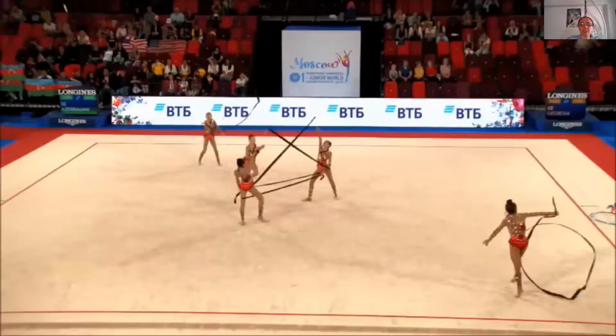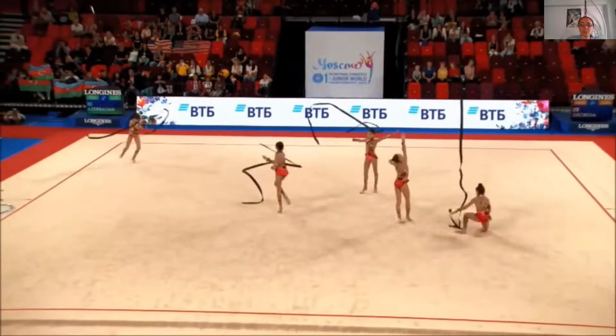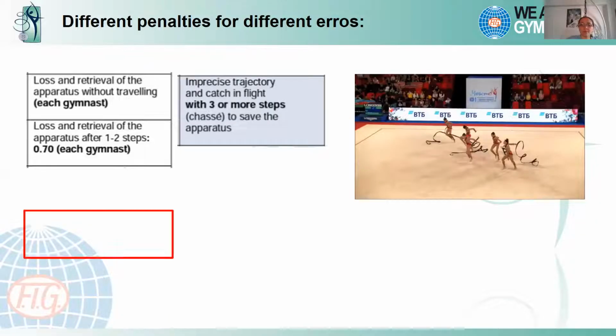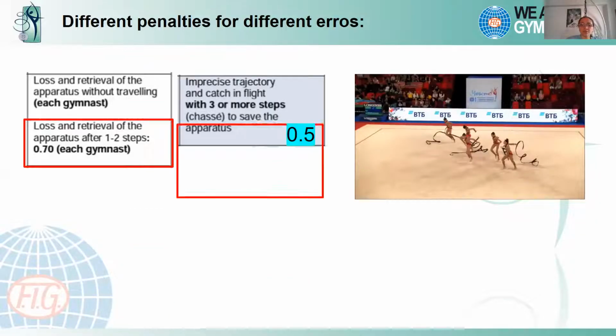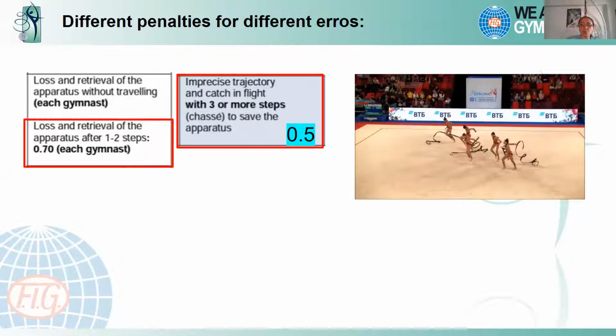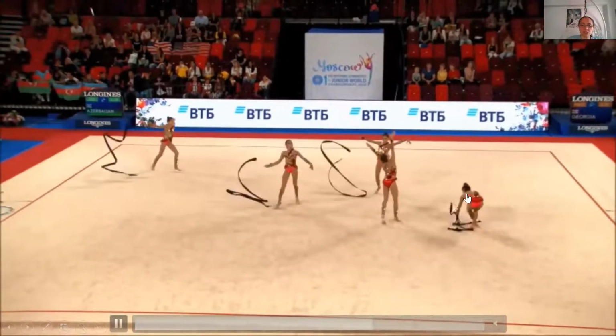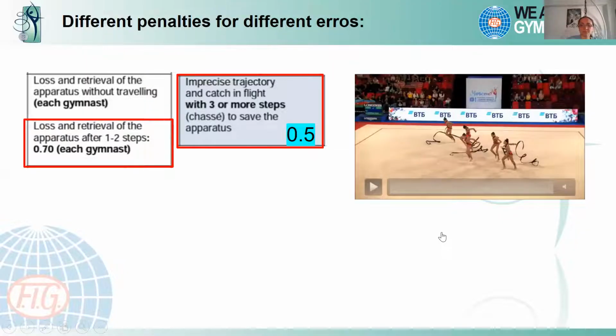Let's check. Chassé, loss, 0.7, and the chassé 0.5. We take both penalties. Check the exercise, this part again. One gymnast here makes the chassé, and here she lost the apparatus.